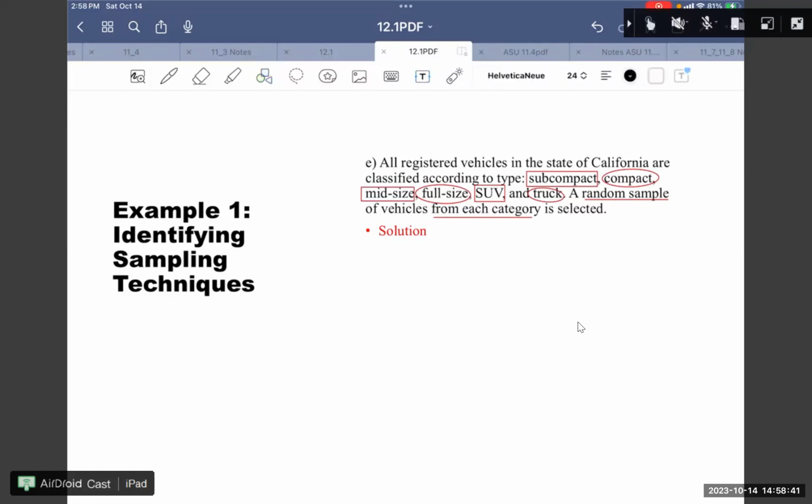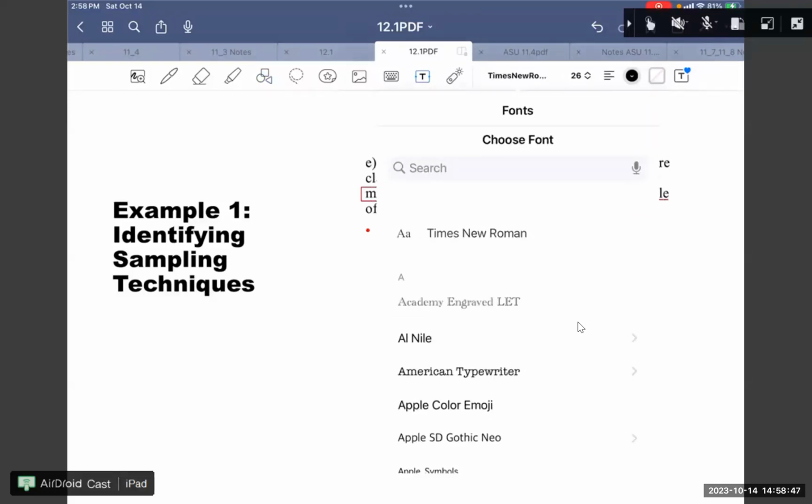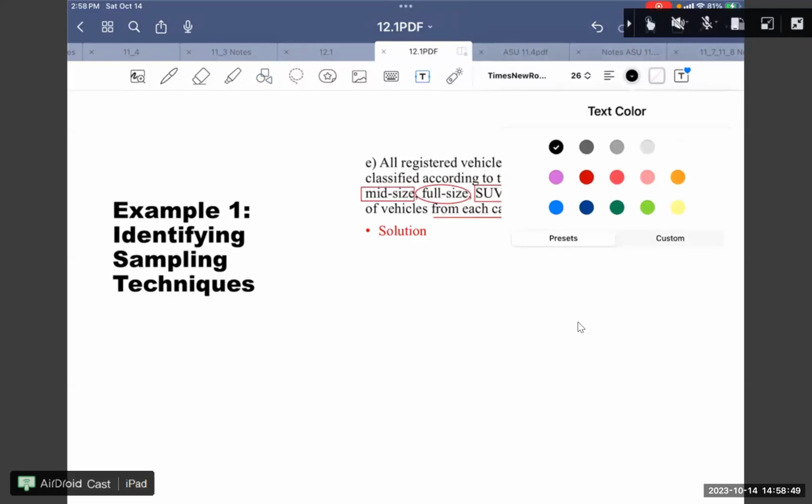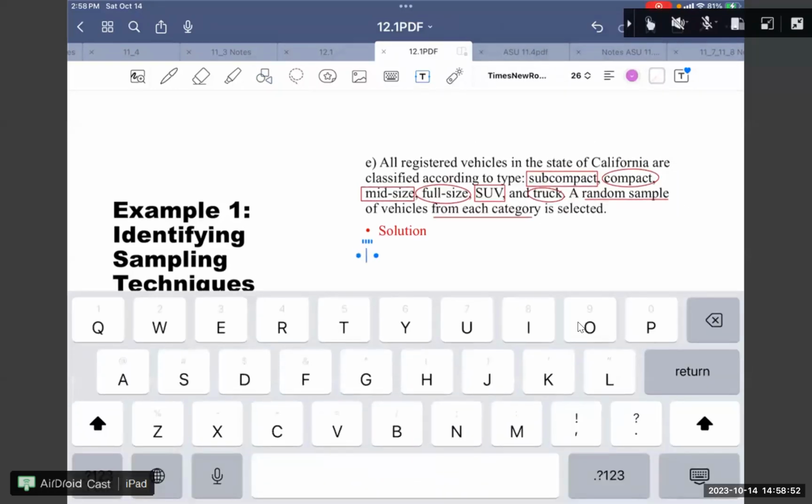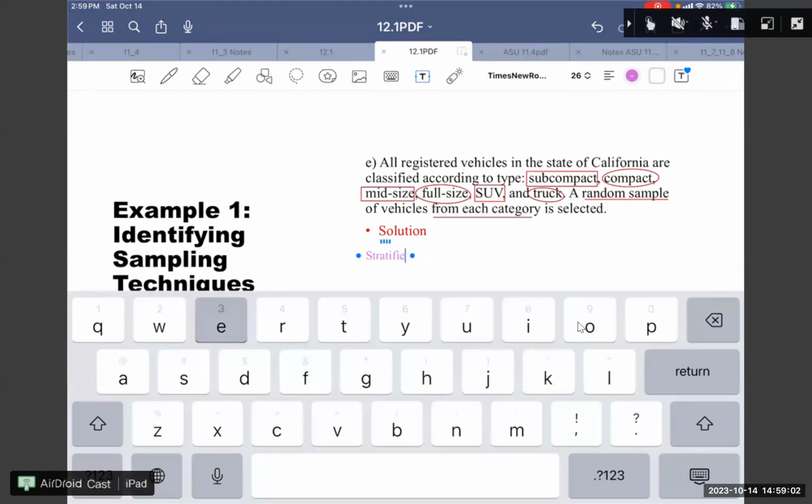So this one is stratified. Sorry for that. Stratified.